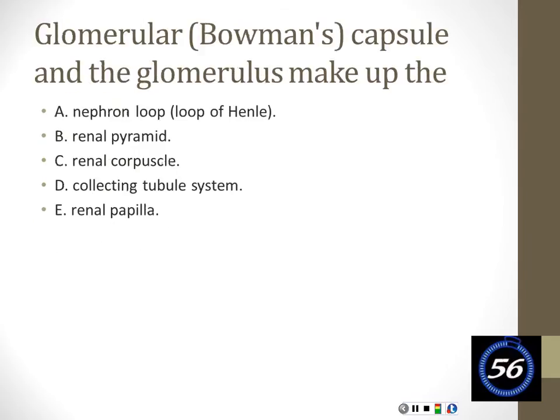So the glomerular capsule and the glomerulus together make up which part of the nephron? Yeah, corpuscle. So nowadays we call the cell, right? But in the old days they called the cell a corpuscle because they knew it was roundish, right? So corpuscle in Latin means a thing that is round.